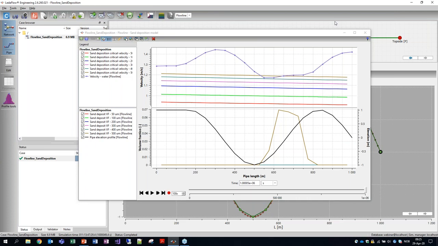And you have to define how much of each? Yeah, as a user, you need to give how much of each particle size you have in the simulation. So in reality, you will probably have some kind of Gaussian shape distribution, which typically depends on what kind of formation you have in your wells.